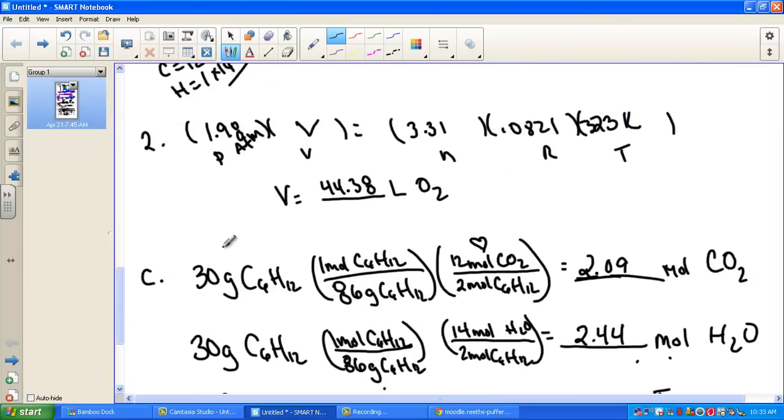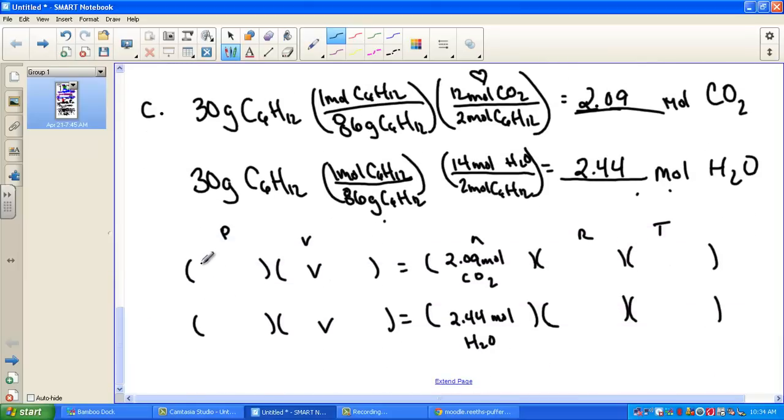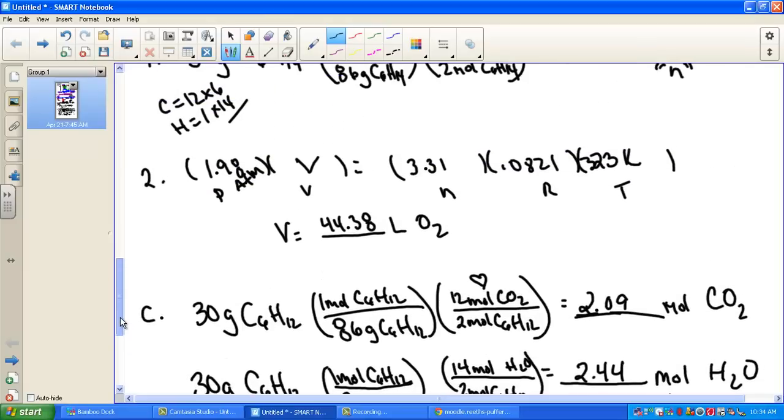Alrighty. And from up here, these are the same conditions, 1.98 atmospheres. And therefore we know the R constant, 0.0821. And what was that Kelvin temperature? 323.